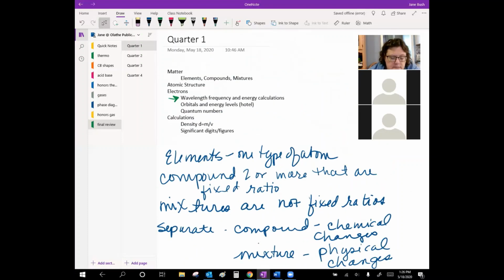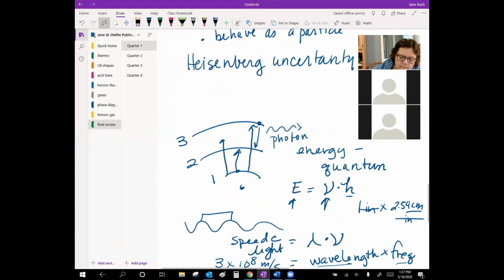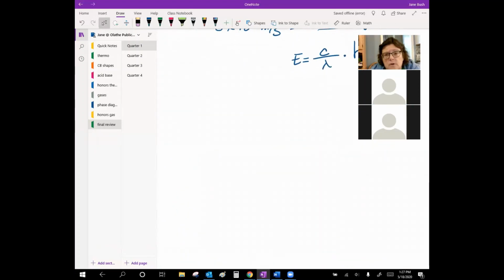Density and significant digits, figures. Density is just algebra. Density is equal to mass divided by volume. We did that the very first week of school when we did the golf ball lab. What gets kids is when you have to solve for volume.